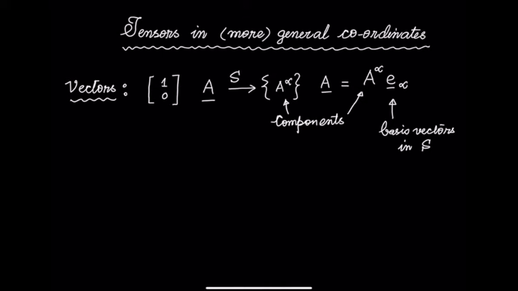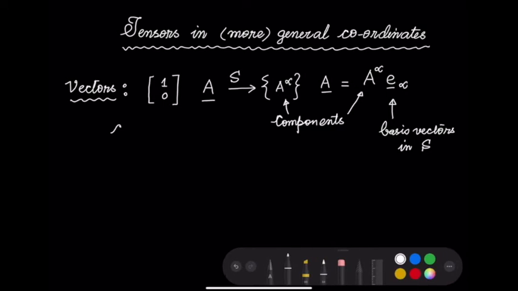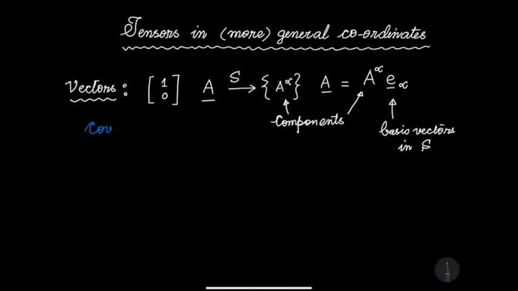Sometimes we also call these covariant components. Vectors or the covariant components are written with an upstairs index.